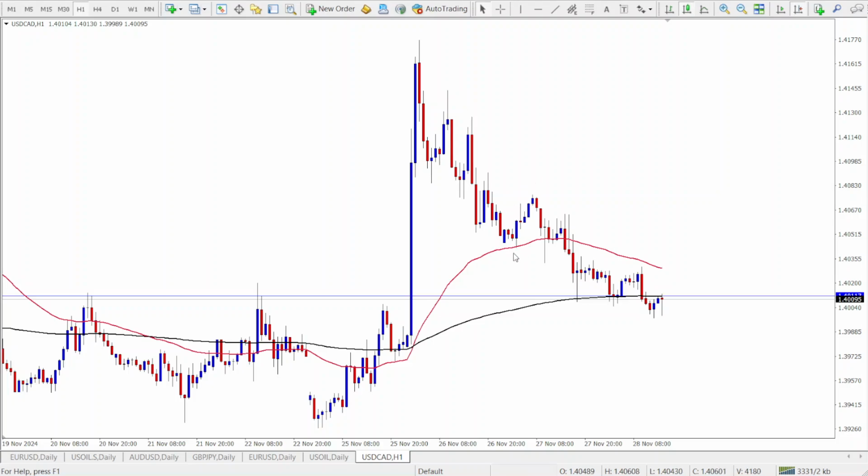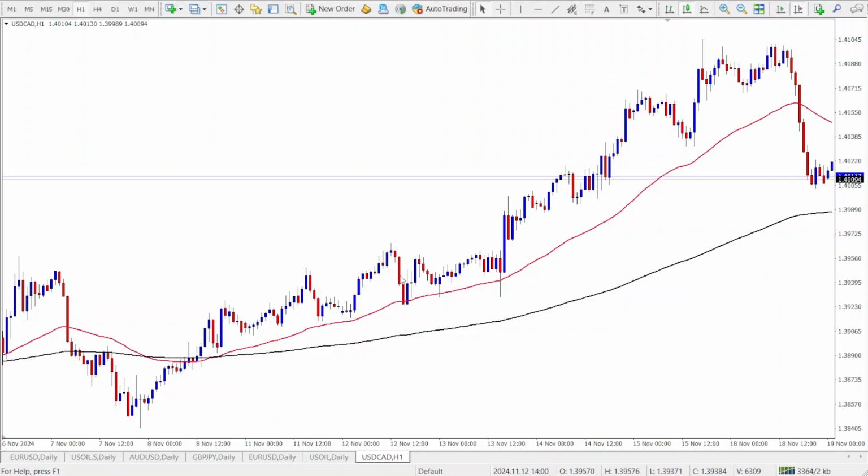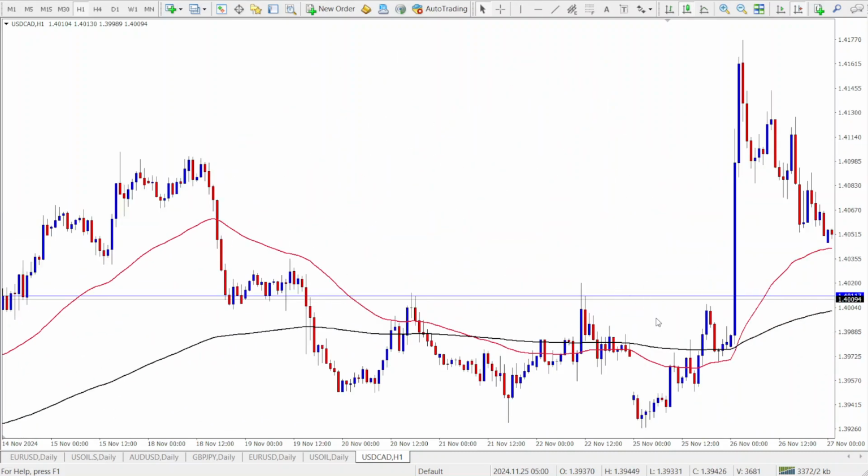The 50 EMA and 200 EMA are two of the most common indicators used by traders. When the price is above both of these moving averages, it signals an uptrend. When the price is below, it signals a downtrend.